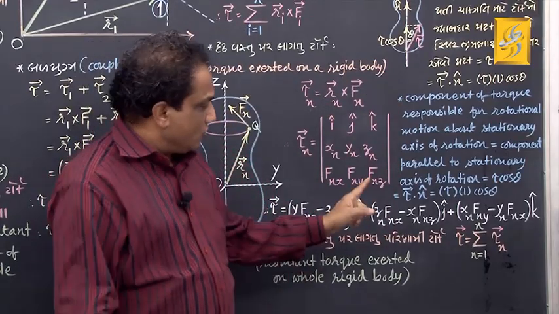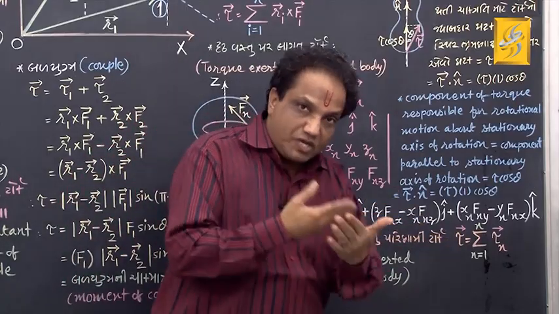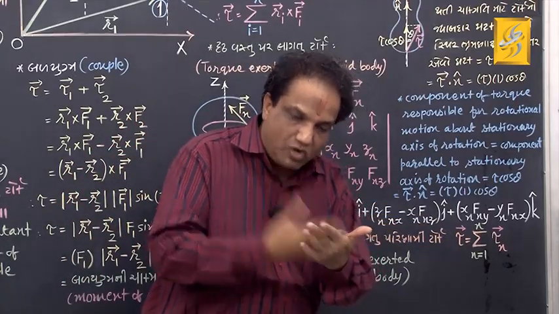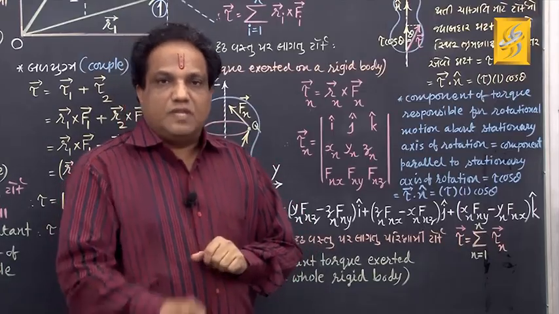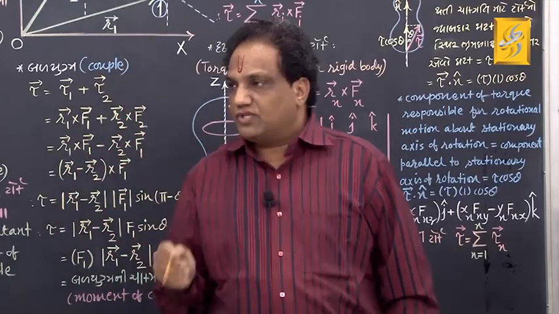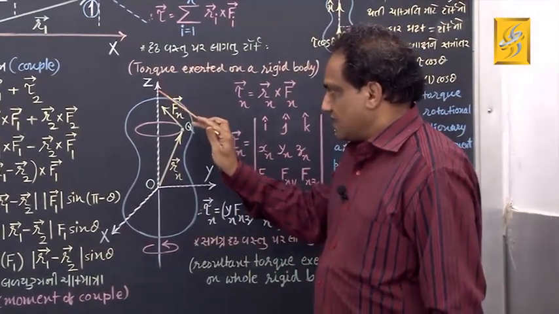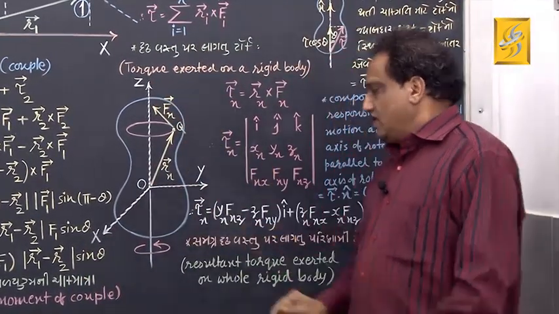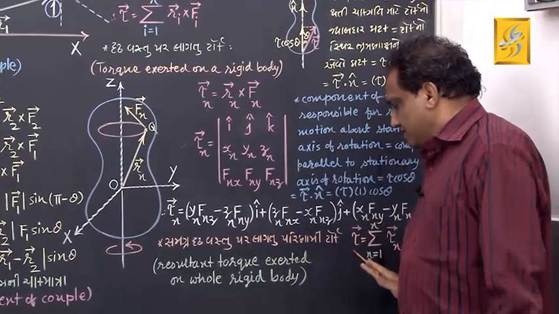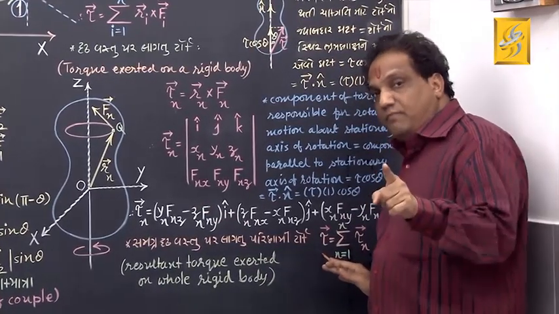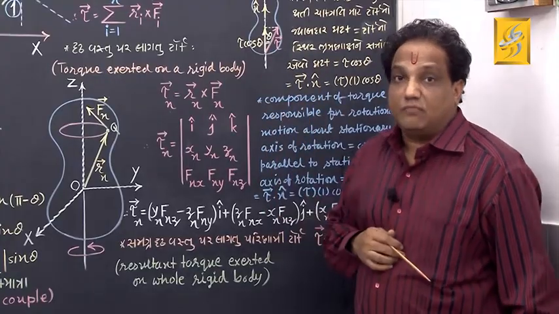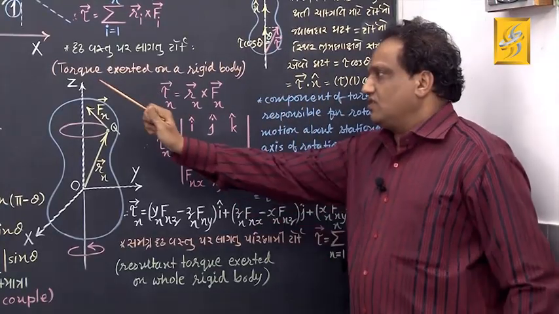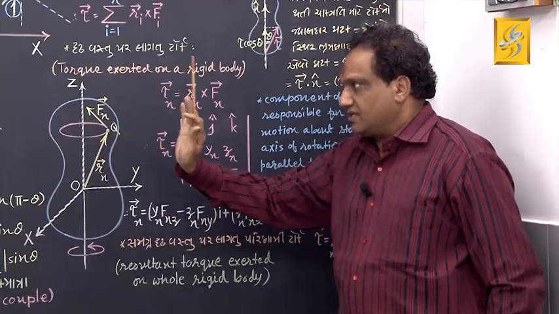But out of this torque, which component is at present responsible for producing rotational motion? I am showing you. Right now, the stationary axis of rotation is the z axis, correct? So whatever torque expression you get from here, its z component is responsible for producing rotational motion, because the axis of rotation is at present the z axis.